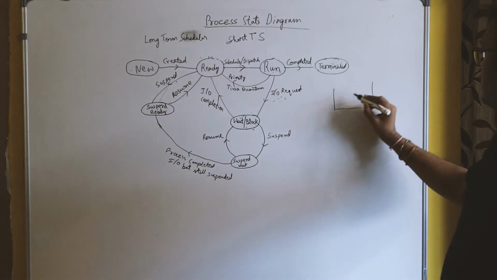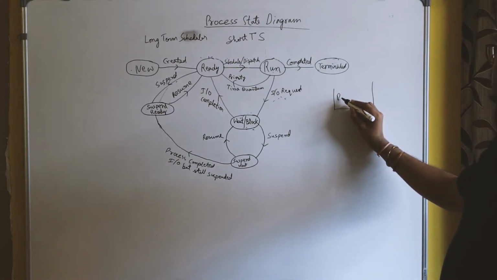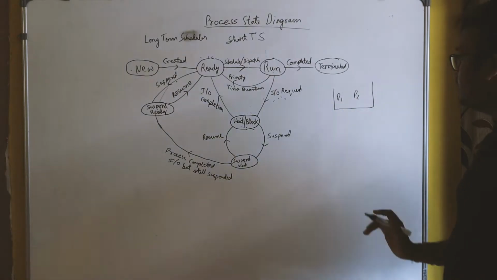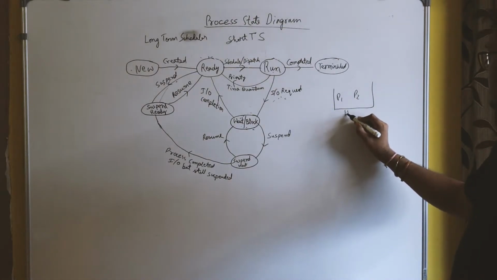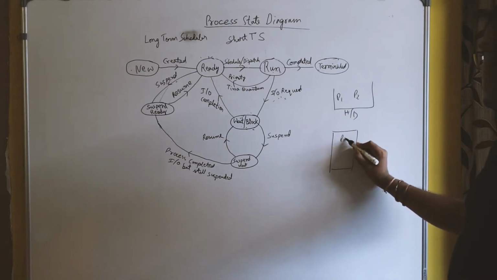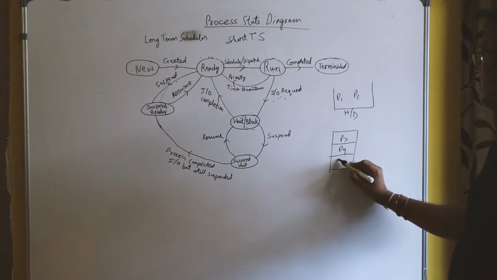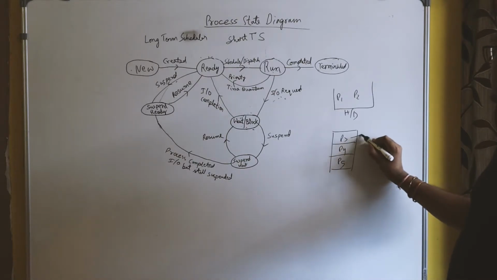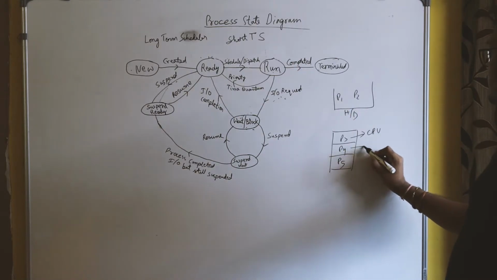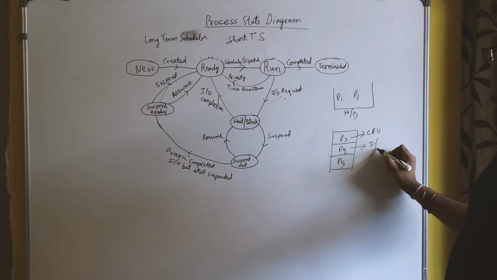This is a hard disk. Here suppose there are two processes, P1 and P2. I'm just giving an example. And this is a hard disk and this is the RAM. Here P3, P4, P5 are there. Maybe P3 is in a running state. Maybe P4 is busy with I/O.